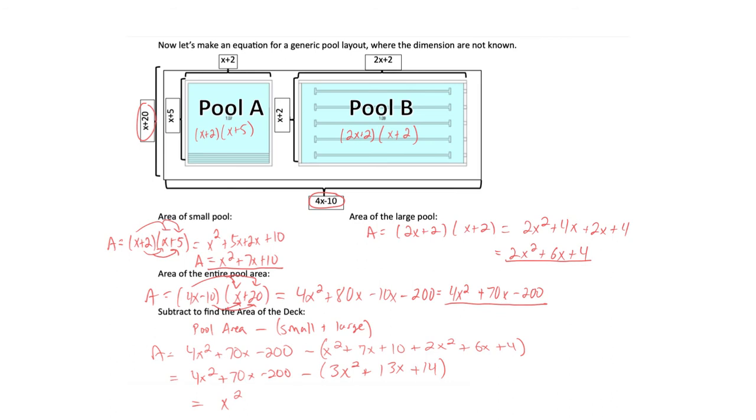Then we have 70x minus 13x, which would be plus 57x. And then negative 200 minus 14 would be negative 214. So our area of that missing part is x squared plus 57x minus 214. So that's like all of this right here.